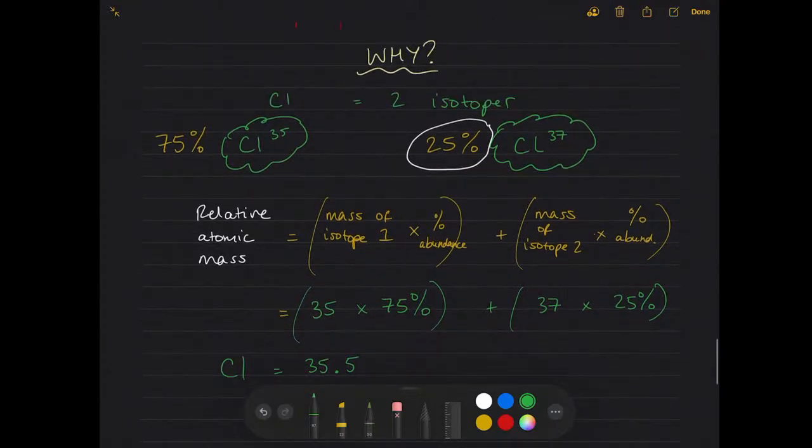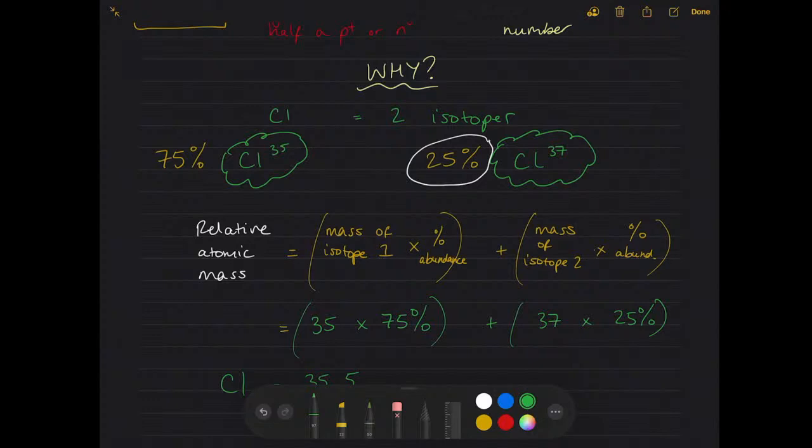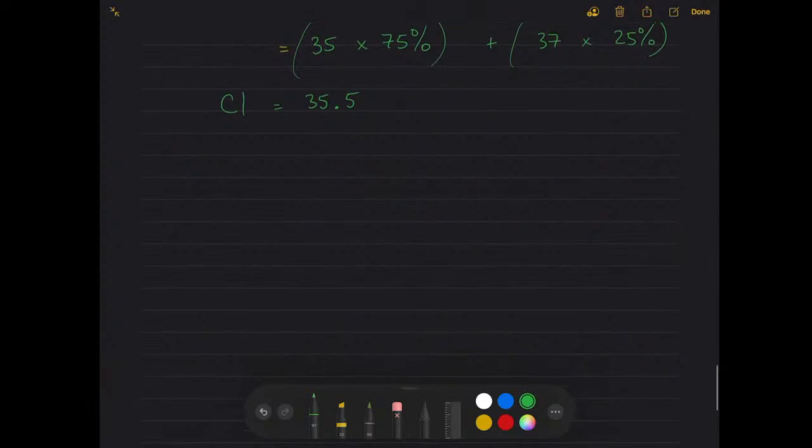That is the reason chlorine is 35.5. There are many other examples, but the key ones for you are chlorine, carbon, and hydrogen. So to finish off today's lesson, we'll work out carbon's relative atomic mass.